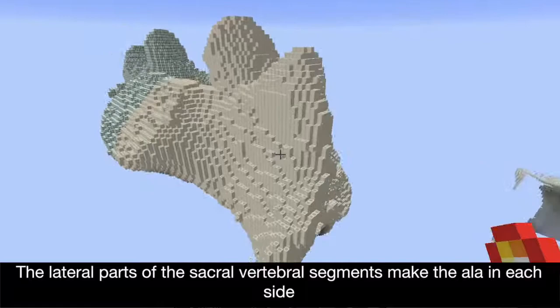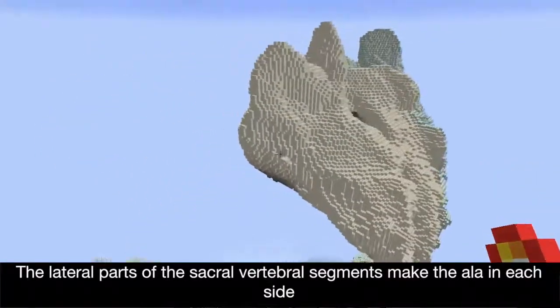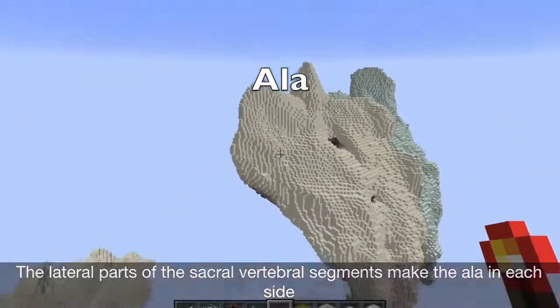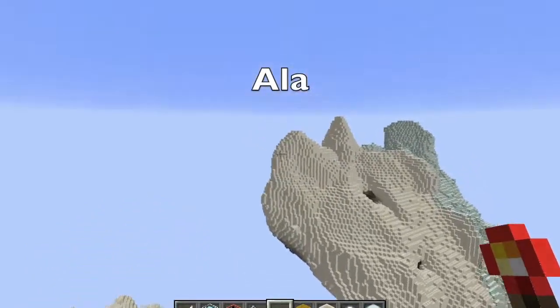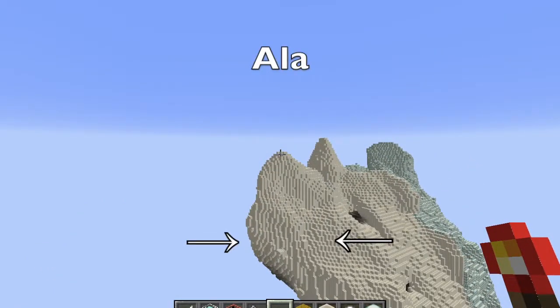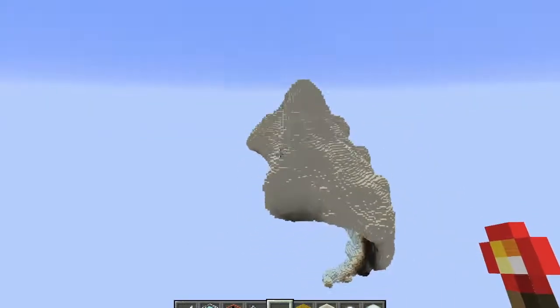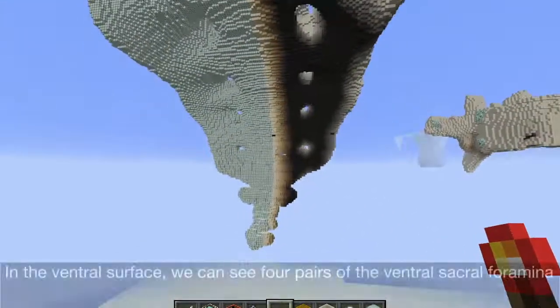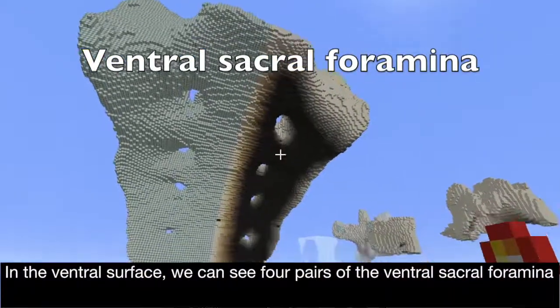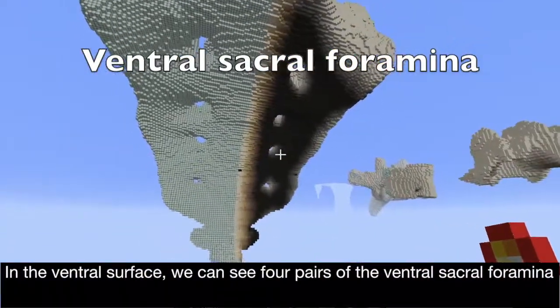The lateral parts of the sacral vertebral segments make the ala in each side. In the ventral surface, we can see 4 pairs of the ventral sacral foramina.